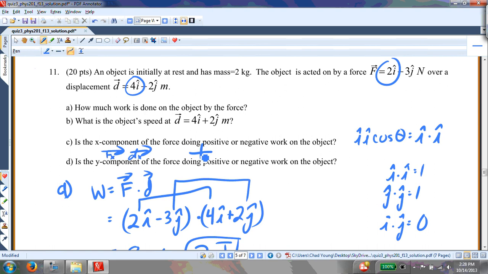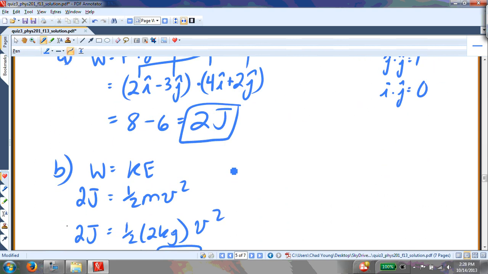Conversely, the y component of the force is negative, but the displacement is positive, so that means it does negative work. Alright, that was number 11.